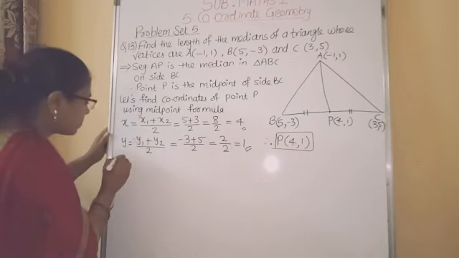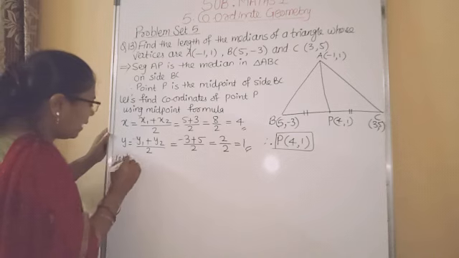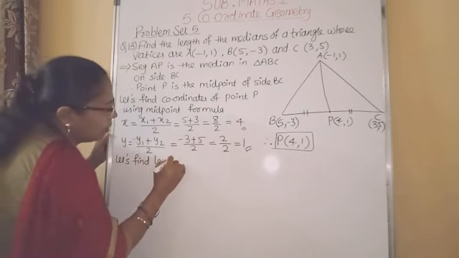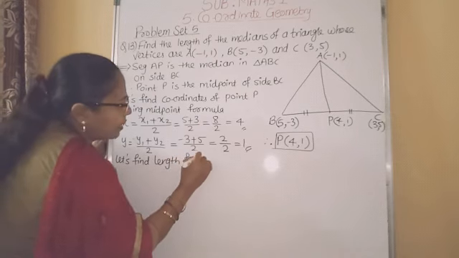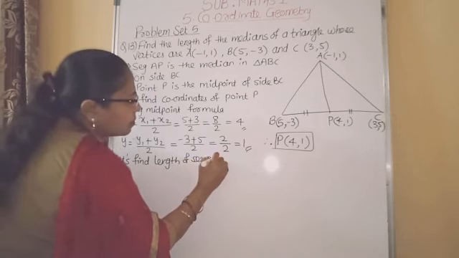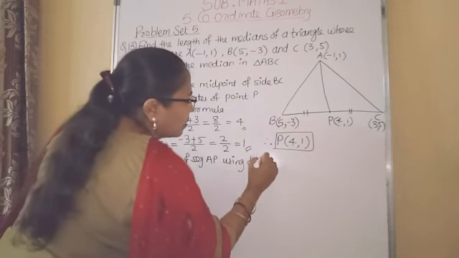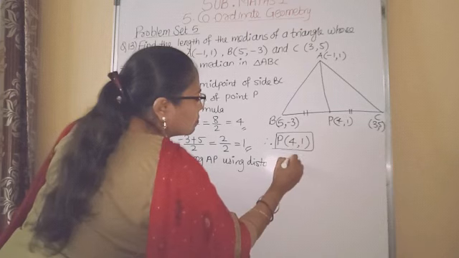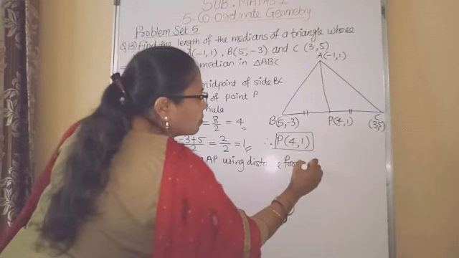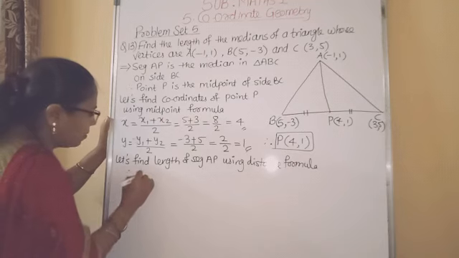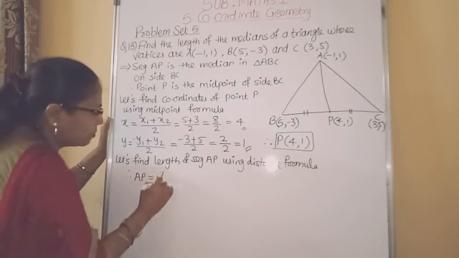Okay. Let's find the length of segment AP using distance formula. Therefore, AP is equal to square root.